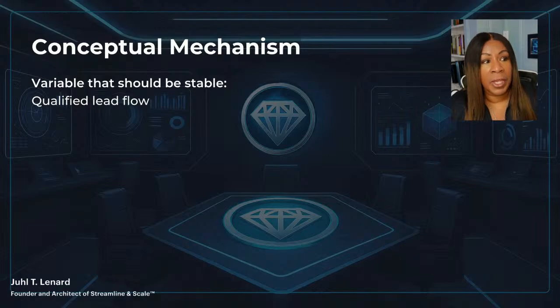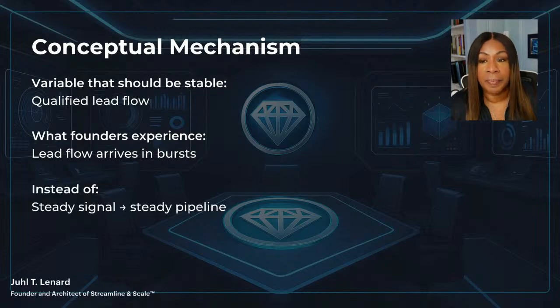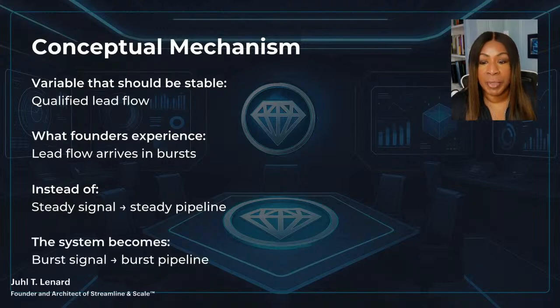The variables that should be stable are qualified lead flow. The founder should experience steady lead flow, but instead the founder experiences lead flow that arrives in bursts. Instead of steady signal and steady pipeline, you're experiencing burst signal and burst pipeline, which of course is not stable, which is what we want, right?